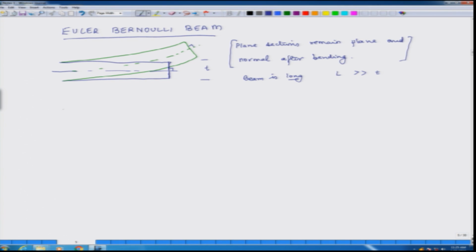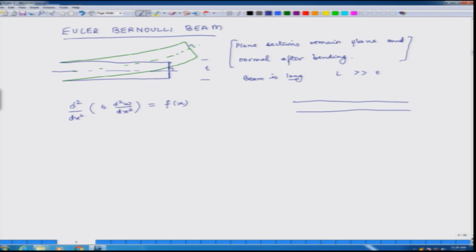So, the governing equation for this beam is d2 dx square of B times d2w over dx square equals f of x. Let us look at what these parameters mean.